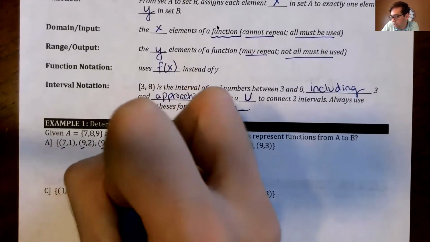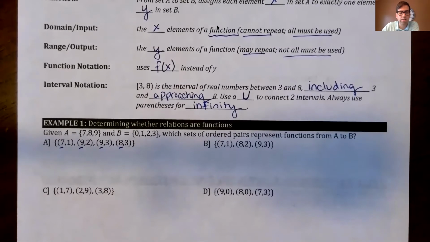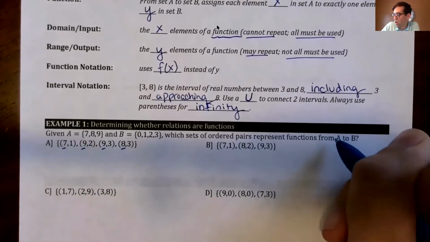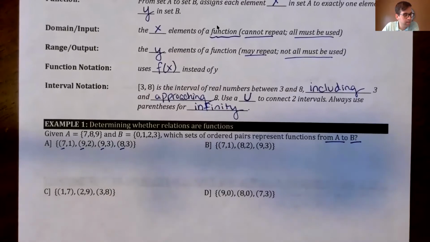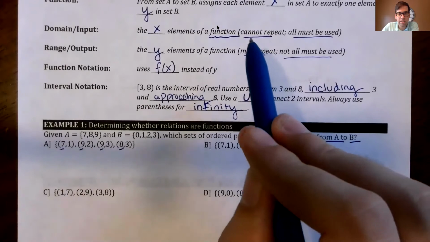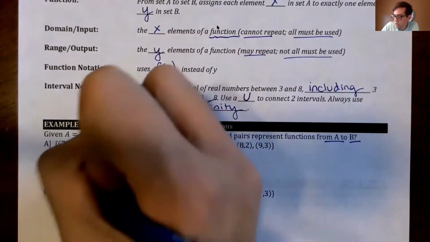So we're going to look first at the first values. You can think of these if we're plotting them. We have 7, 9, 9, and 8 as our x values. Those do come from set A, and we want to know if it's from A to B. But one of our definitions of domain says that the values can't repeat. So because the 9s repeat here, this is not a function.